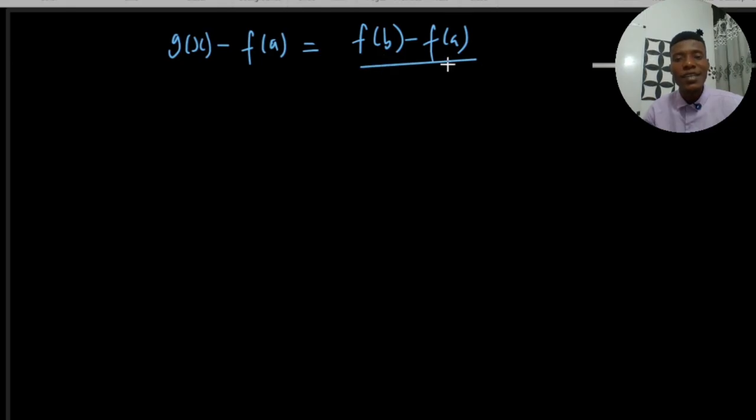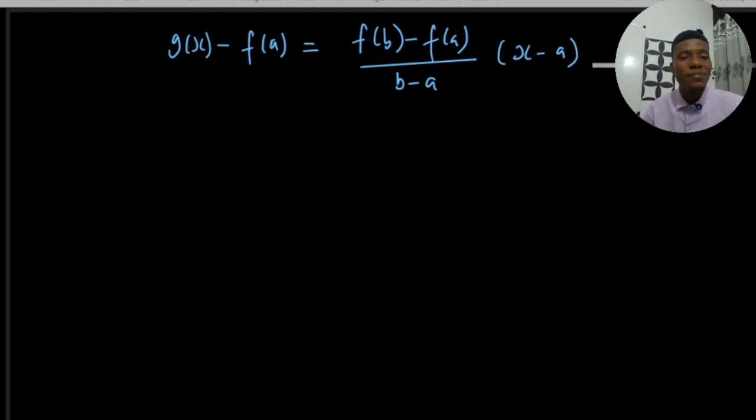You will agree with me that g of x minus f of a is the same thing as f of b minus f of a over b minus a multiplied by x minus a.